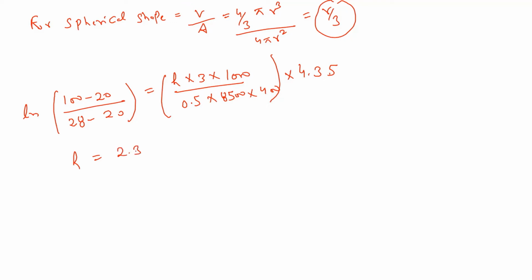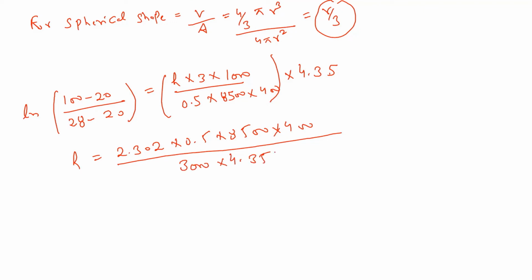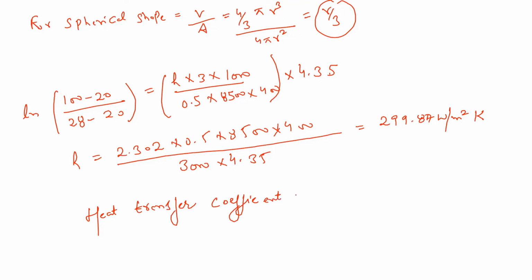If we remove the natural log, it becomes 2.302 into 0.5 multiplied by 8500 multiplied by 400 divided by 3000 into 4.35. On solving it, we get the value 299.87 watt per meter square Kelvin, which is our heat transfer coefficient.